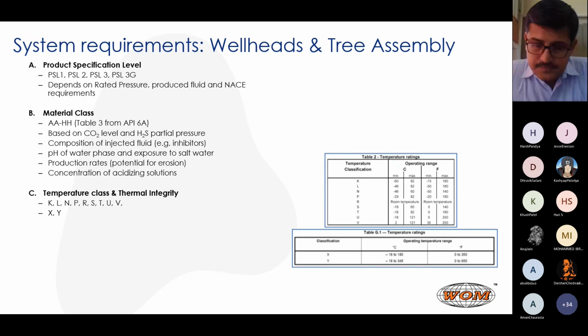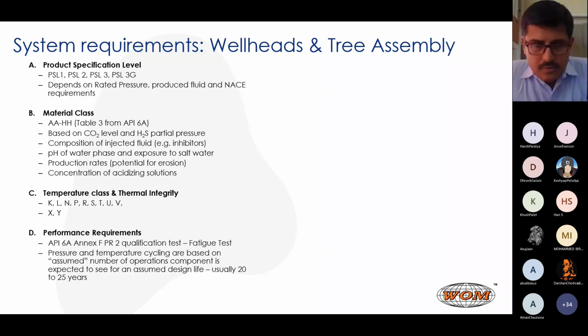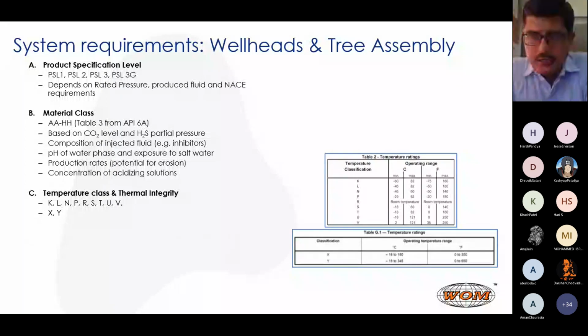Sir, what is the maximum temperature of a wellhead? The maximum temperatures of the wellhead, in a few cases, go up to 650 °F, where steam injection is done from the outside, for increasing the production or for the artificial lift system.